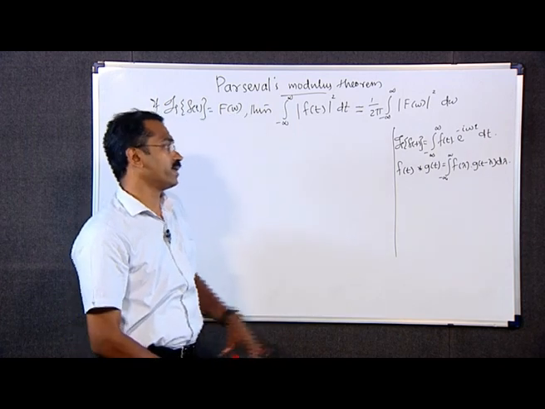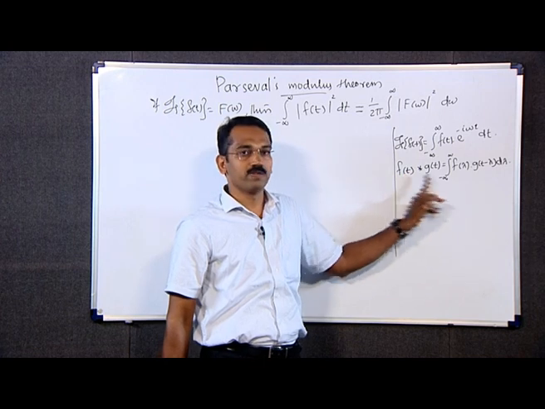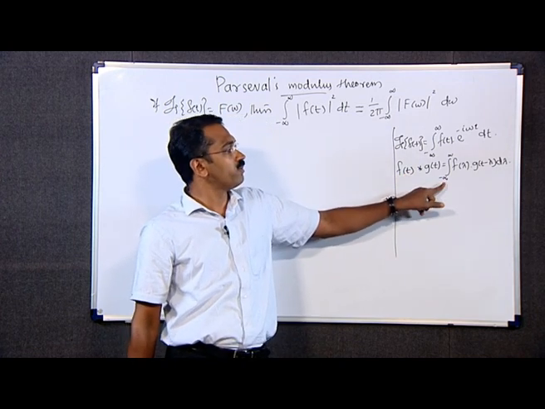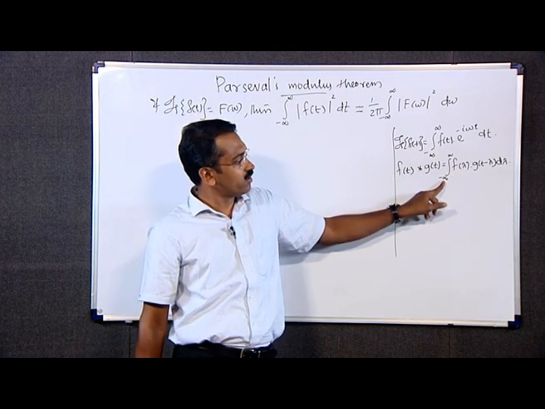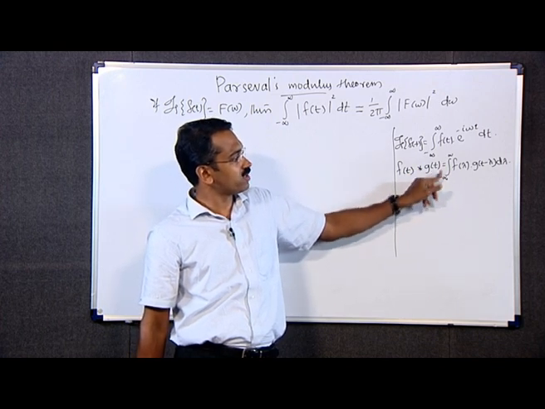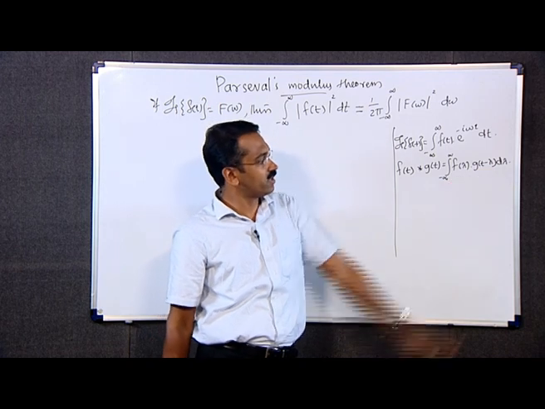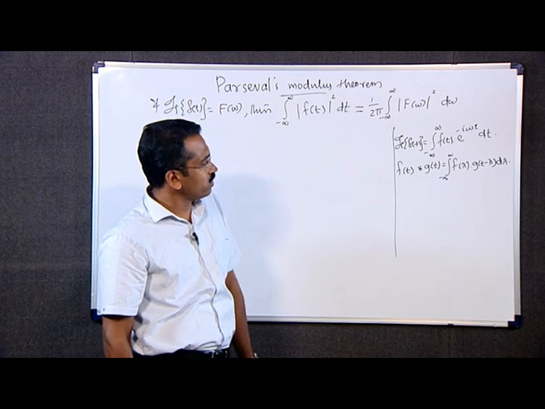This is the bilateral convolution between the two functions. If it is unilateral, then the lower limit of this integral becomes 0. That is, f(t) star g(t) equals the integral from 0 to infinity of f(lambda) into g(t minus lambda) d lambda, which is known as the unilateral convolution.